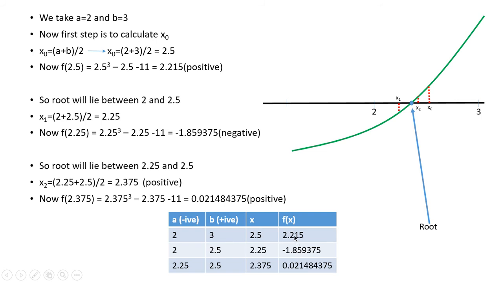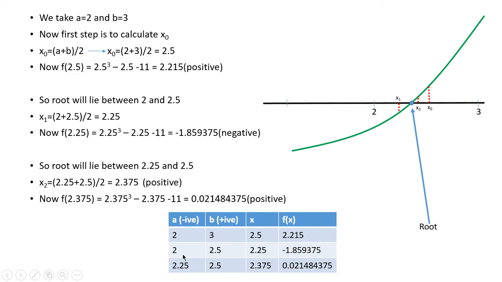Now for the next iteration you have to look at this sign, if it is positive or negative. If it is positive, then you will just replace b by x. As you can see, in the next iteration I have replaced b by x, so a is the same and b has been replaced by x.